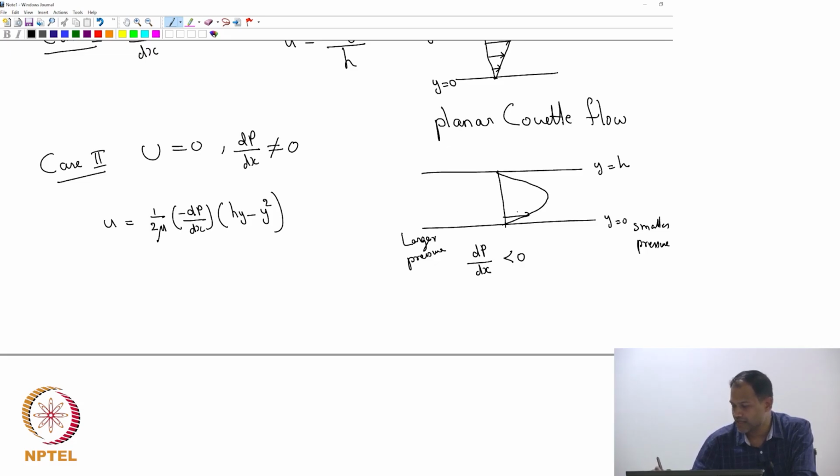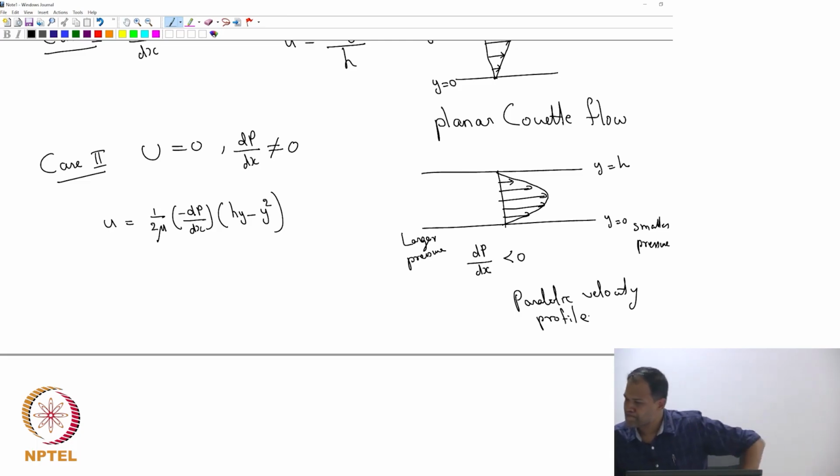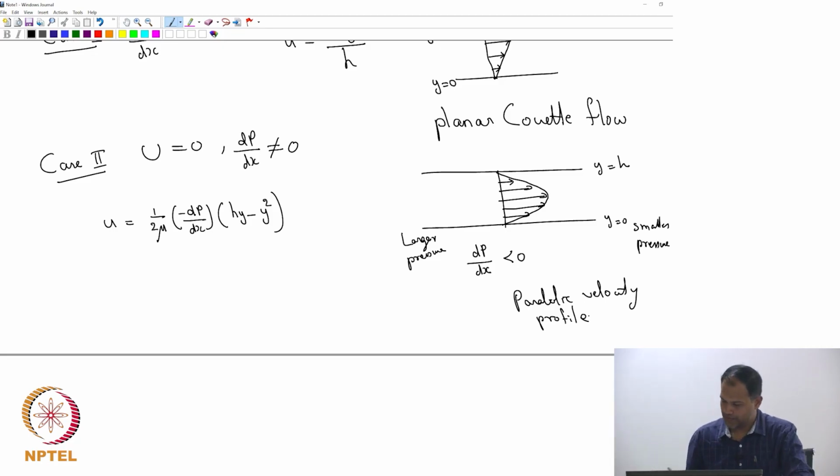So, it will look like that, okay, a parabolic velocity profile. So, this flow is known as plane Poiseuille flow. Okay.